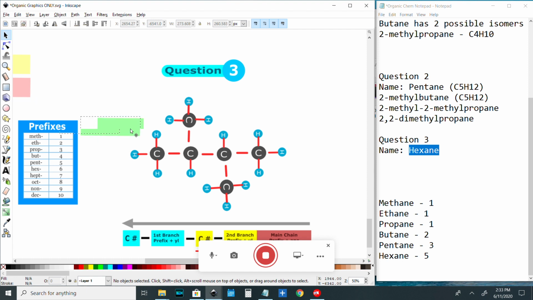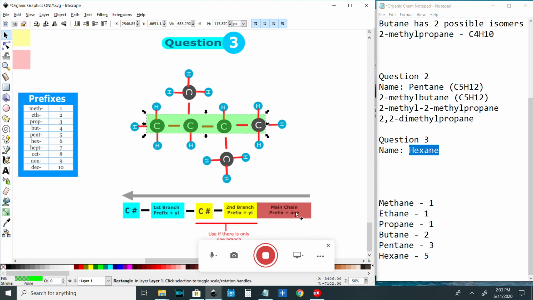First of all, the main chain. The main chain is definitely this one here. So move upwards. So the main chain has 4. By now you should know 4 is but, B-U-T-A-N-E. Since we have 2 chains, this guy here and this guy here, we're going to be using the blue and the yellow.